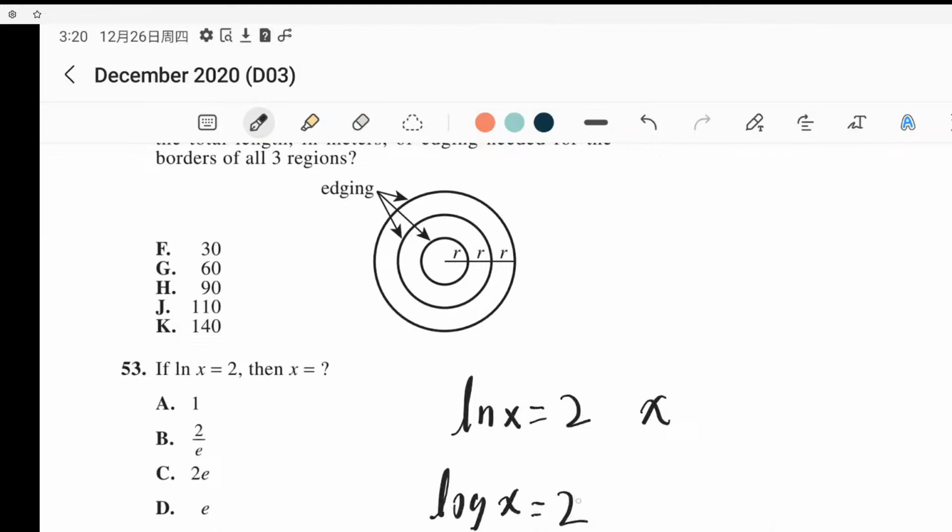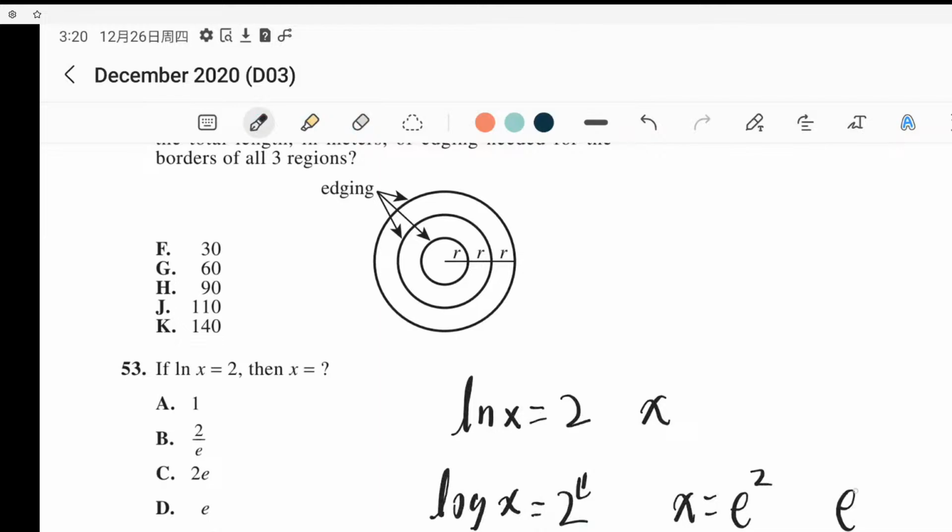By this value, we can see that x should equal e squared.